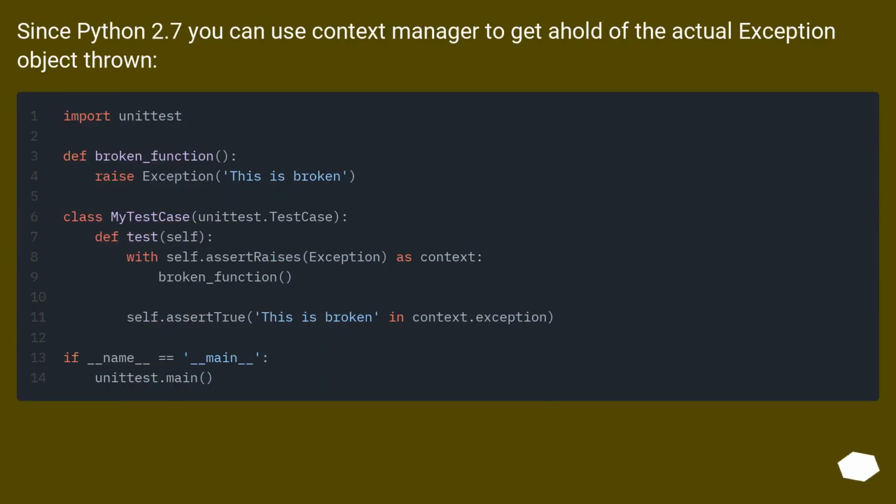Since Python 2.7, you can use a context manager to get a hold of the actual exception object thrown. Assert raises.